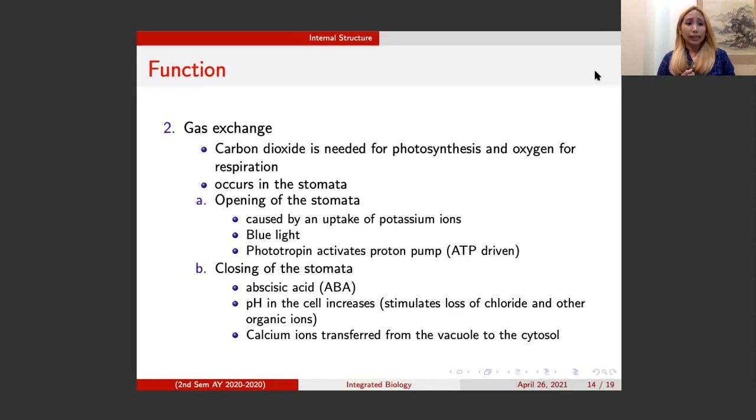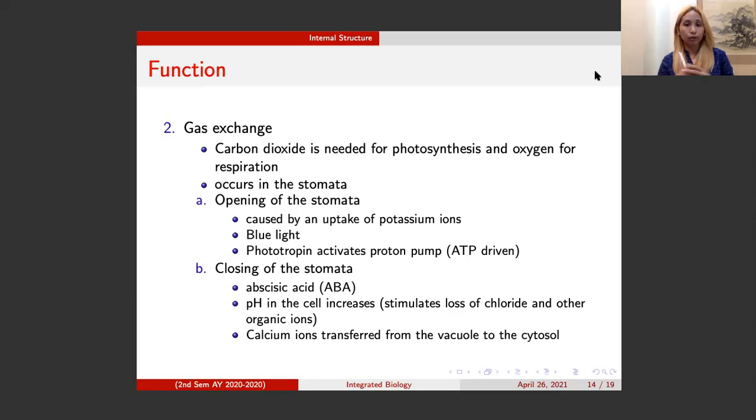Okay. Aside from that, during cellular respiration, when cells are utilizing organic compounds so that they can produce energy or ATP, what they normally do is they utilize naman oxygen and they release carbon dioxide. So, kailangan ng oxygen na pumasok sa loob ng body ng halaman.